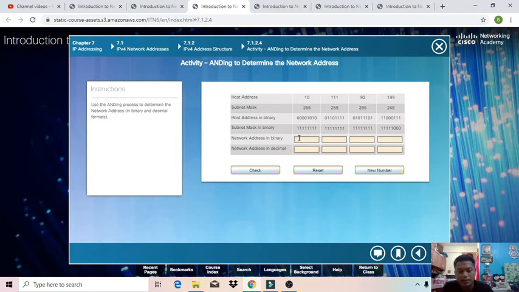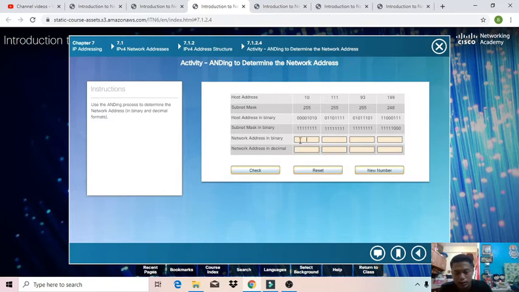The next activity is ANDing to determine the network address. So here is the instruction: use the ANDing process to determine the network address in binary to decimal. If the two numbers are 1 and 0, the value is 0.